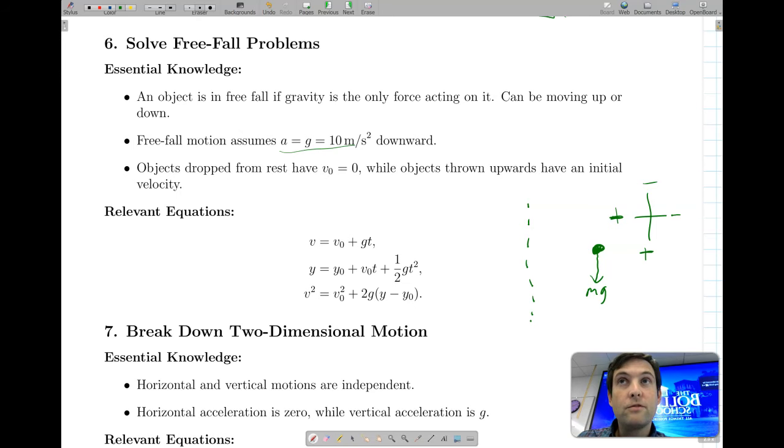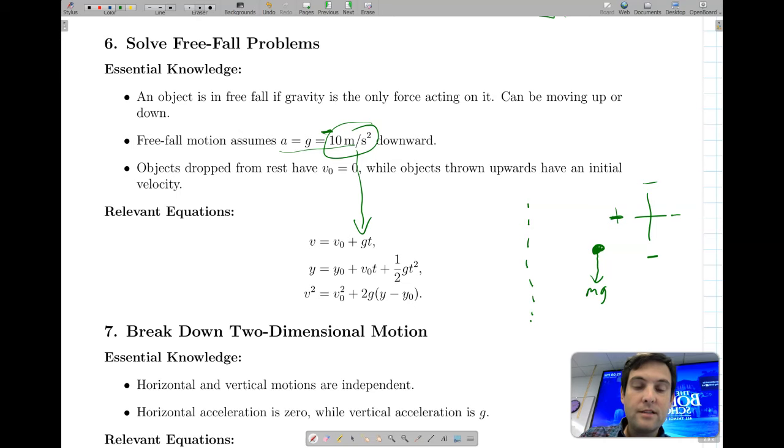Normally, we use right to be positive and up to be positive, but sometimes it's useful to do it opposite. If we have down to be positive, then we're just going to plug in 10 meters per second squared into our equation wherever there's a g, and we're good. If we take down to be negative, then we better include that negative in front of the 10 meters per second squared. Otherwise, we're going to get some wrong answer.